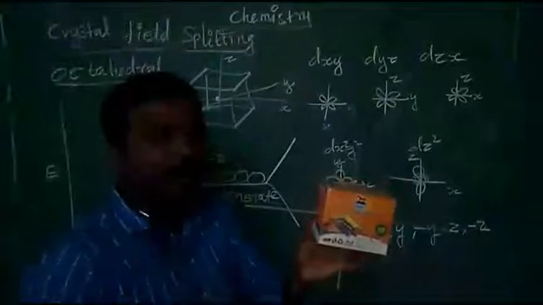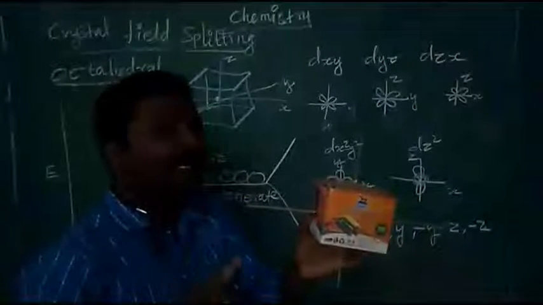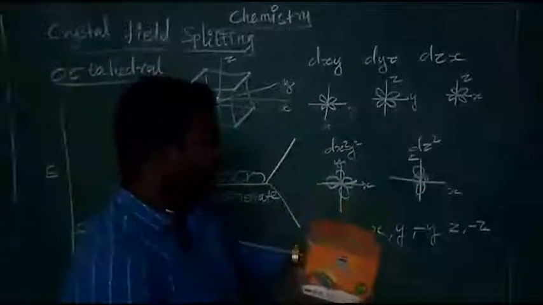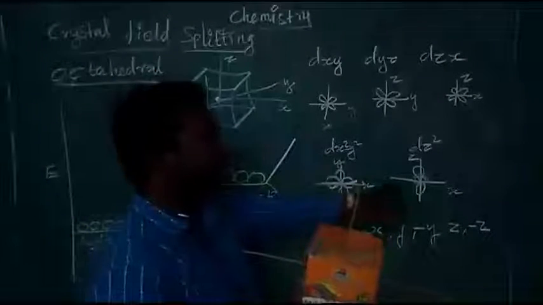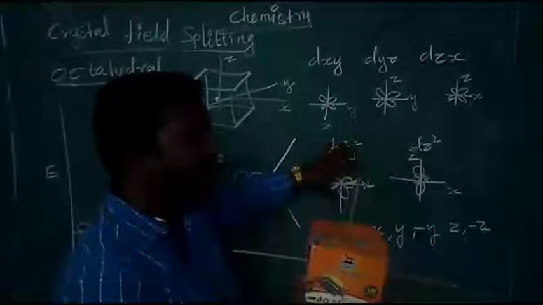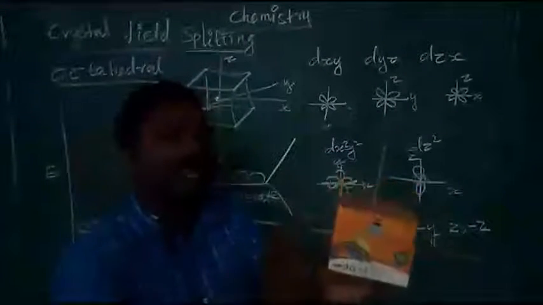You just remember which d orbitals are present along the axis. Only dx squared minus y squared and dz squared are present along the axis. The ligands are also approaching along the axis.